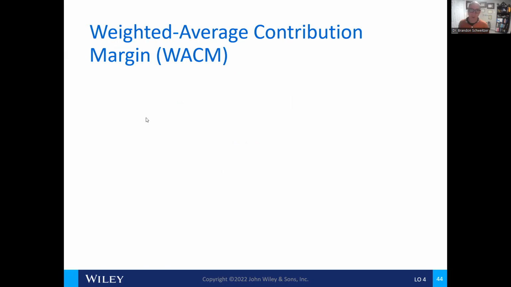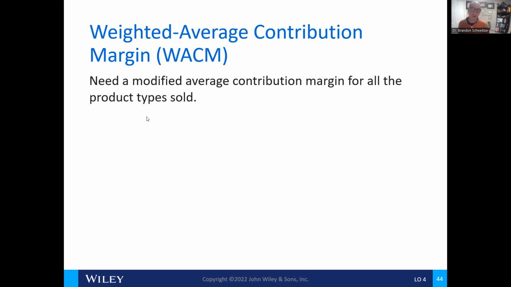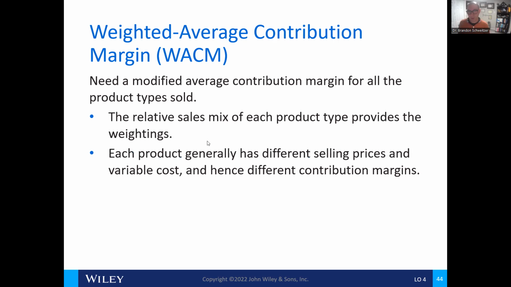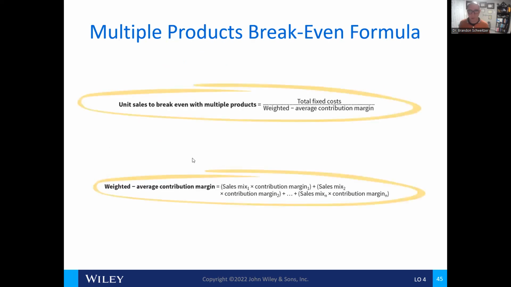Based off of that, we can calculate what's called the weighted average contribution margin for the various products sold. This weighted average contribution margin is relative to the sales mix, and of course takes into consideration the variable cost. So here's how the calculation works. We take the total fixed cost divided by the weighted average contribution margin.